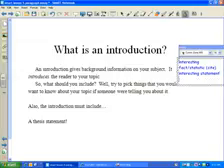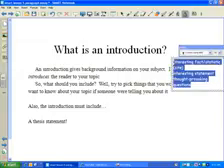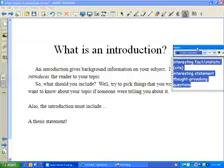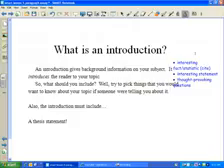And lastly, perhaps a thought-provoking question. So when it comes to writing your background information, your first sentence, having one of these methods is probably a good idea.